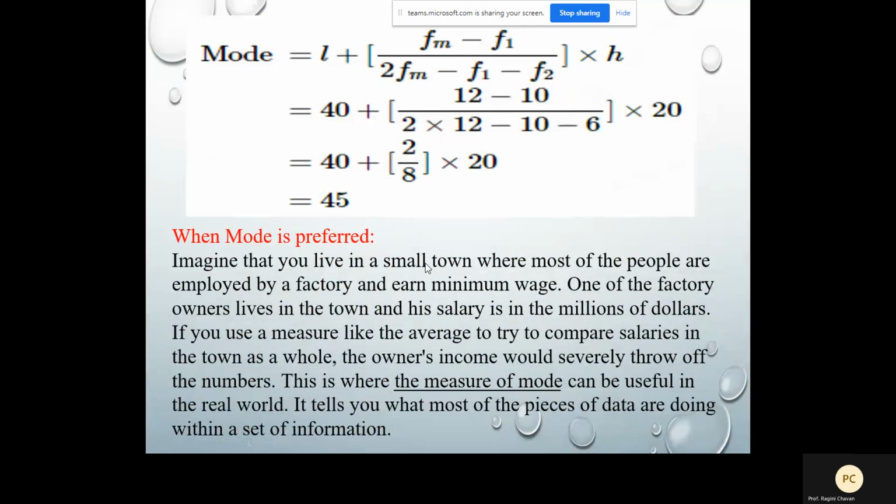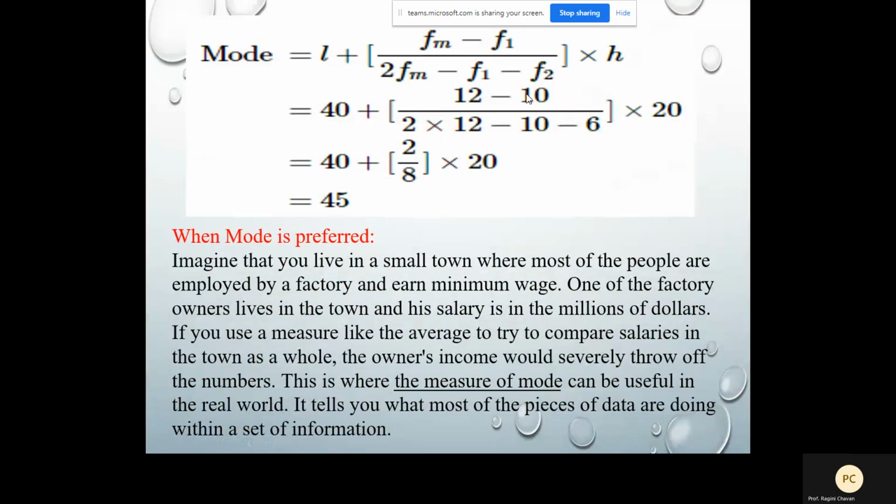Now, let's see when mode is preferred. Imagine that you live in a small town where most of the people are employed by a factory and earn minimum wage. One of the factory owners lives in the town and his salary is in the millions of dollars.